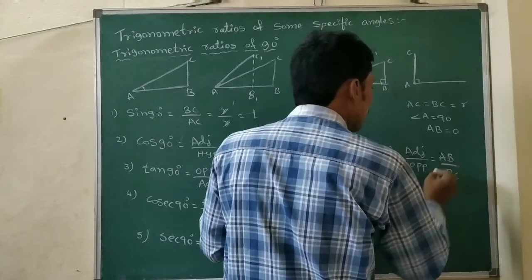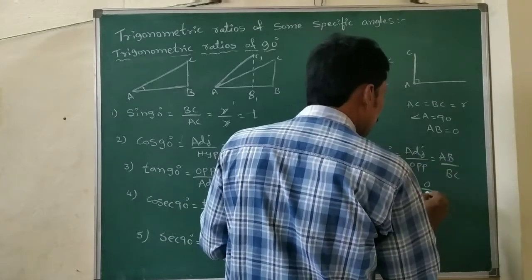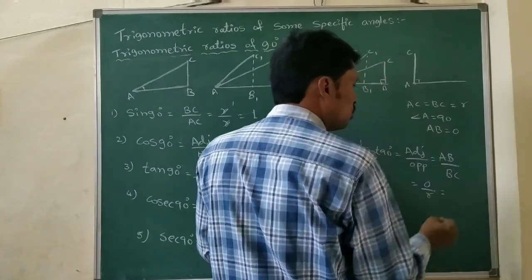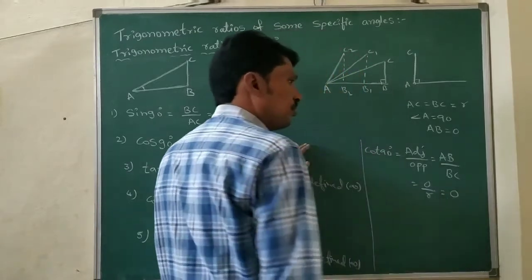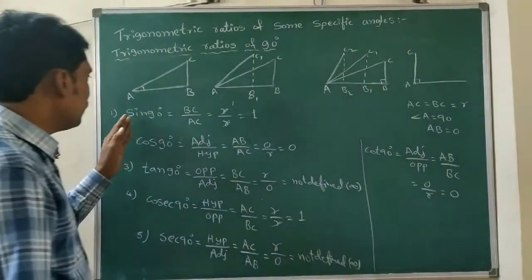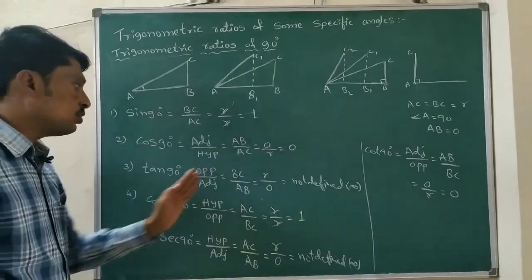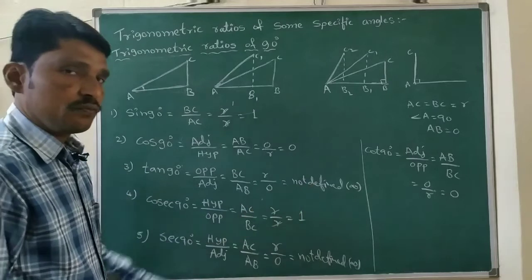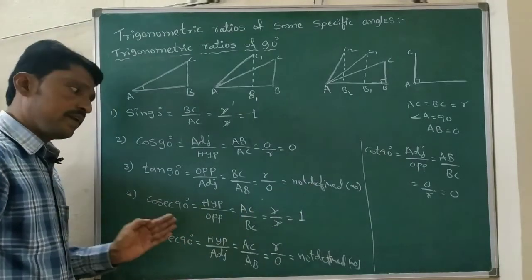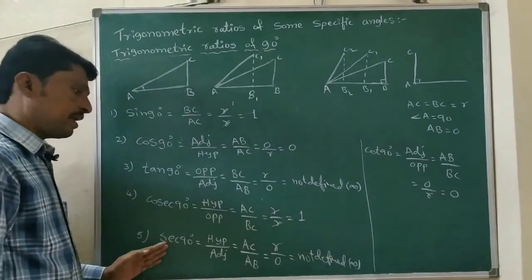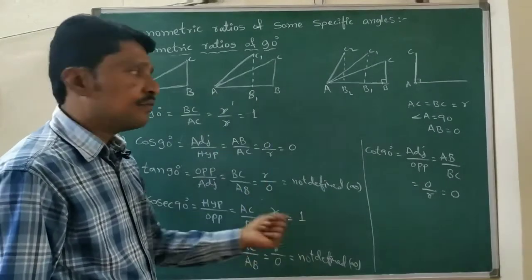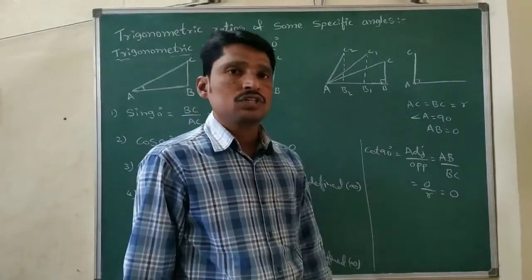AB value is 0, BC value is R. 0 by R, we are getting 0. So you can see here: sin 90 equals 1, cos 90 equals 0, tan 90 is not defined or infinity, cosec 90 equals 1, sec 90 is not defined or infinity, cot 90 equals 0.